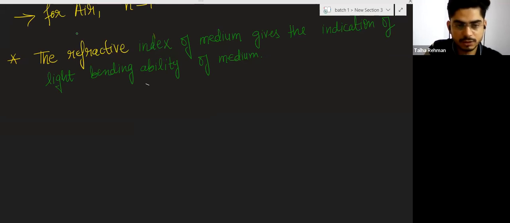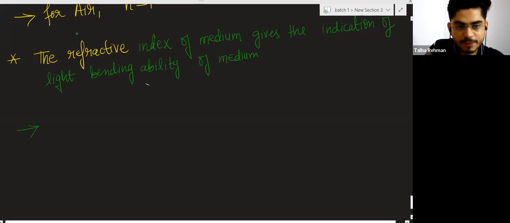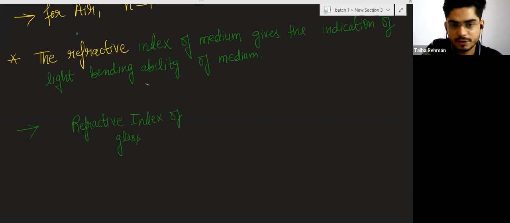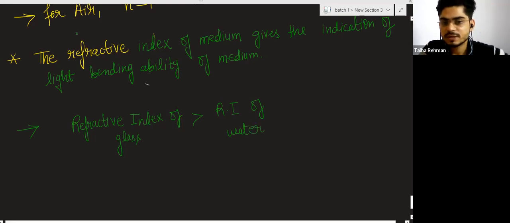One thing more, when you compare the refractive index of glass, you will find the refractive index of glass is greater than the refractive index of water. This means glass will bend more light than water.